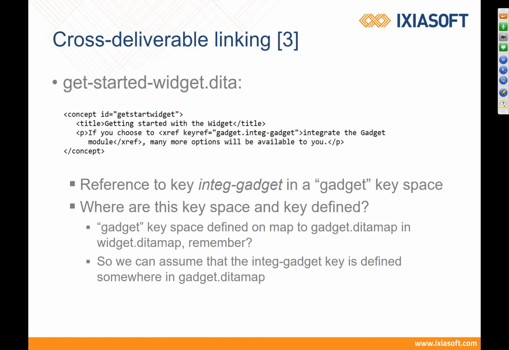Now, the Get Started Widget topic has this paragraph in it, and it has a cross-reference to the gadget key space and a key named integ gadget inside of the gadget key space. So somewhere in the scope of this map, I have to have defined a gadget key space and an integ gadget key.